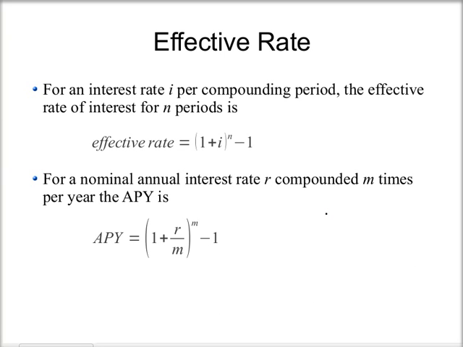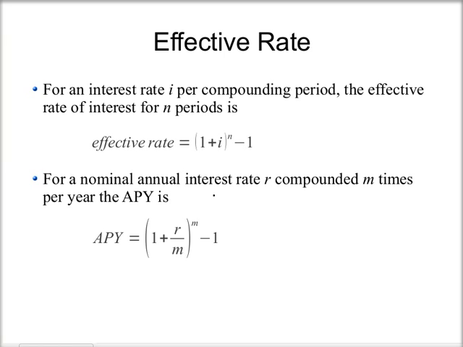Let's look a little more at the effective rate. So we said the effective rate is the simple interest rate that you would need to get the same amount of interest. So for an interest rate I per compounding period, the effective rate of interest for n periods is given by this formula, 1 plus I to the n minus 1.